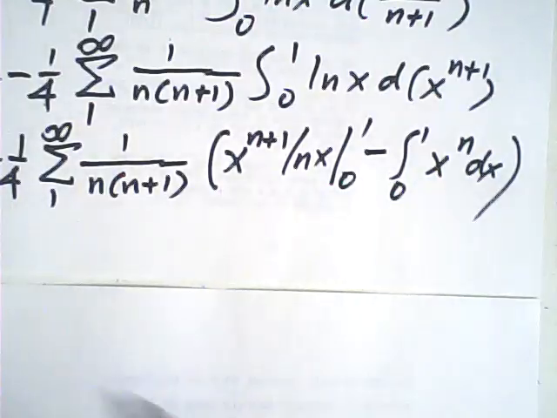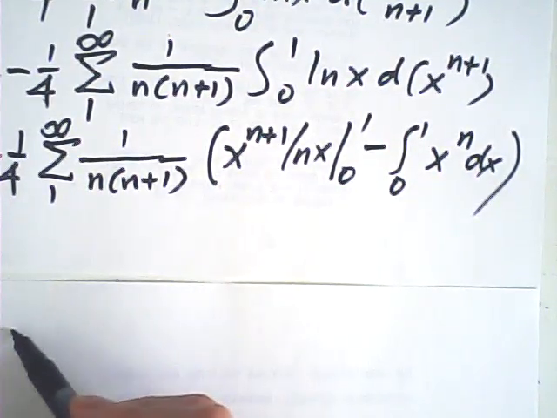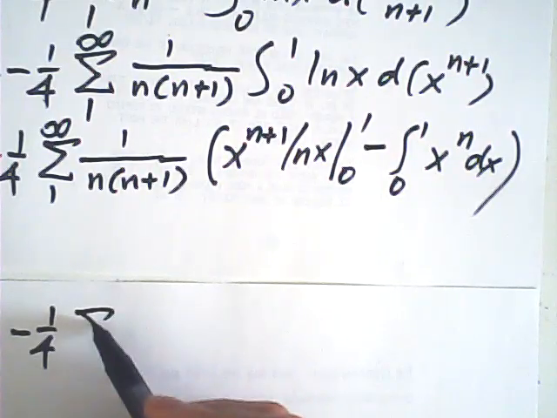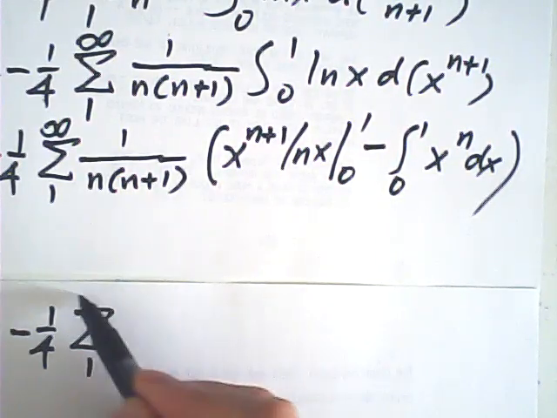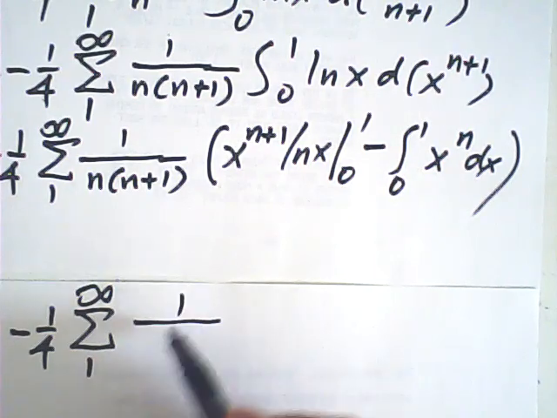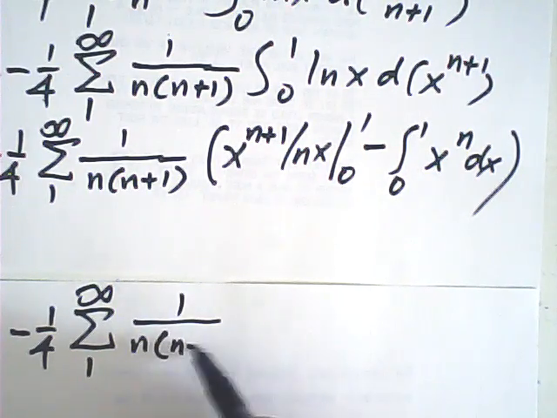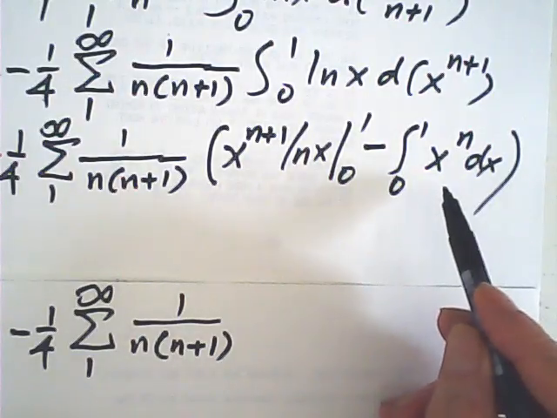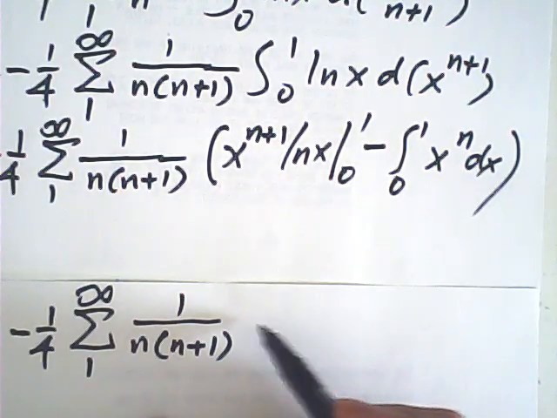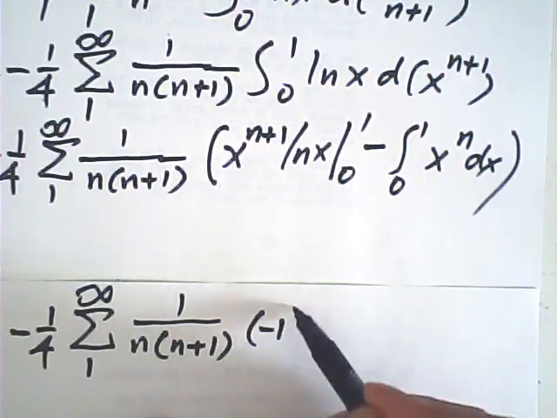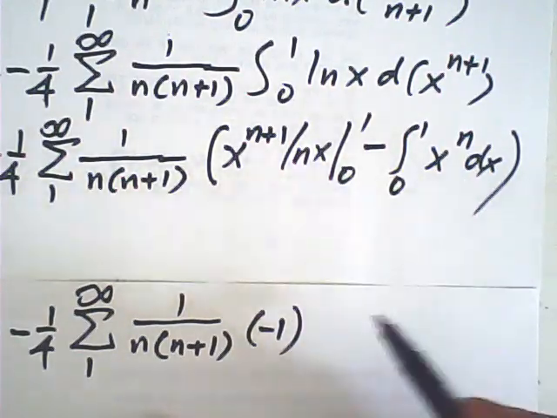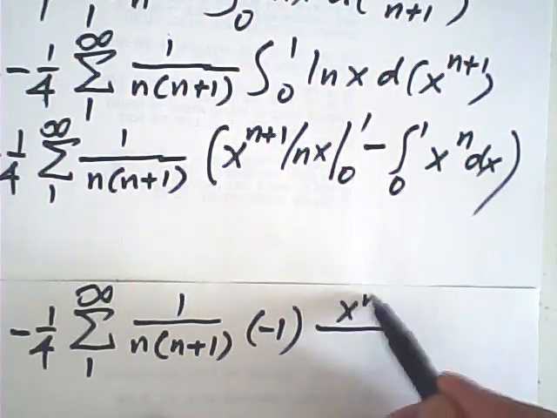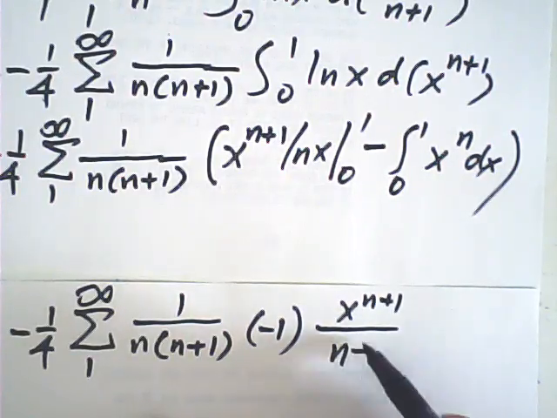So my integral becomes negative 1/4 sigma from 1 to infinity of 1 over n times n plus 1. This integral is equal to negative 1, this is negative, this is equal to x to the n plus 1 over n plus 1.